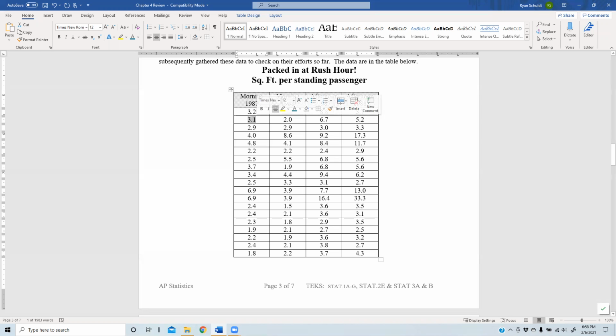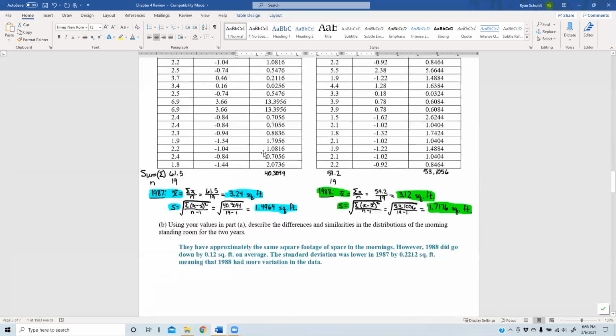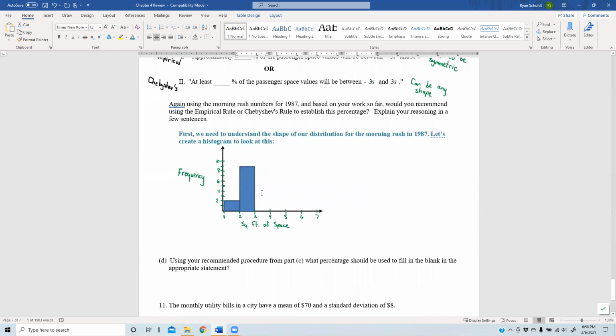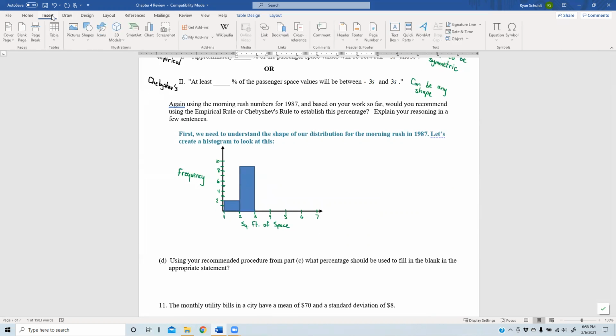So we're just looking for 3s right now. 1, 2, 3, 4. Okay, 4. So let's draw a box at 4. So from 3 to 4, we're going to be at 4.